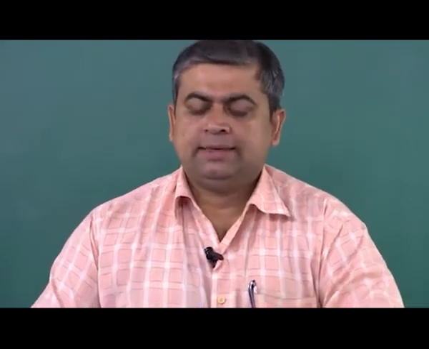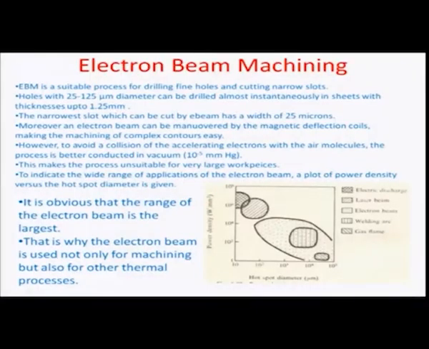So, if we look at some of the dimensions of features that E beam is suitable to use. Typically EBM has been used for drilling of fine holes, cutting narrow slots, holes as small as 25 to 125 microns in diameter, and this limit has, I think, further gone down depending on modern technology that is being increasingly used to super focus the beam.